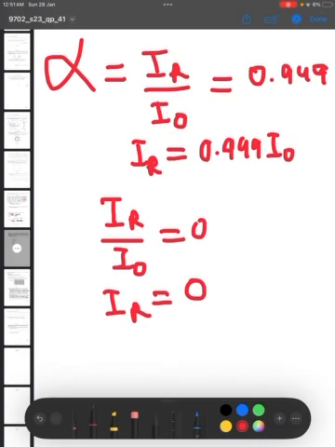So when alpha is 0 or close to 0, it means that most of the intensity is being transmitted into the other medium. So between gel and tissue, whatever is in the gel is able to go into the tissue 100%. So these are the implications of those values.